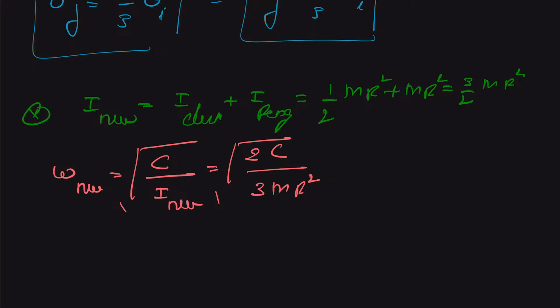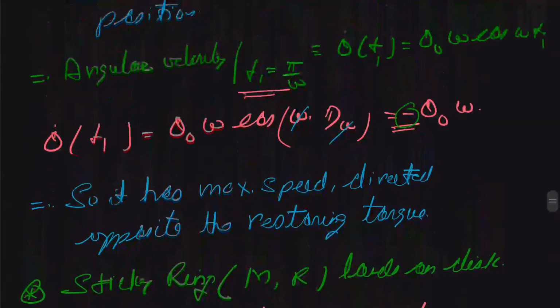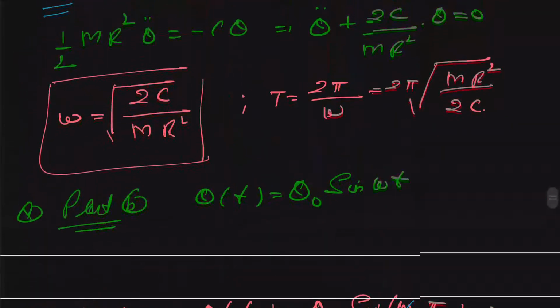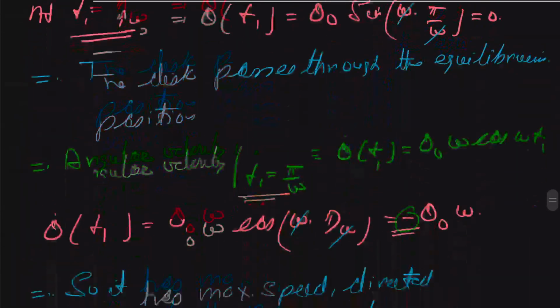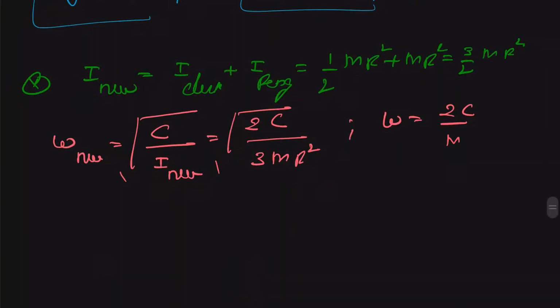And we have our old omega, which is the square root of 2C upon MR square.